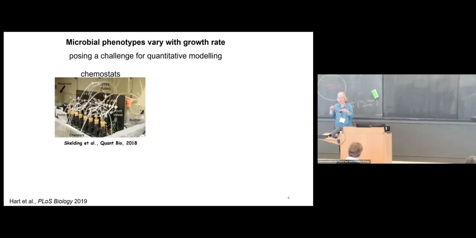So chemostats, you can think of that as like a feeding tube for microbes. So basically, if you want them to grow slowly, you drip in slowly, 1, 2, 3. But if you want them to grow fast, you drip faster, 1, 2, 3, 4. So then they will grow fast. So you basically can control them. You can force them to grow at a rate up to their maximum growth rate.